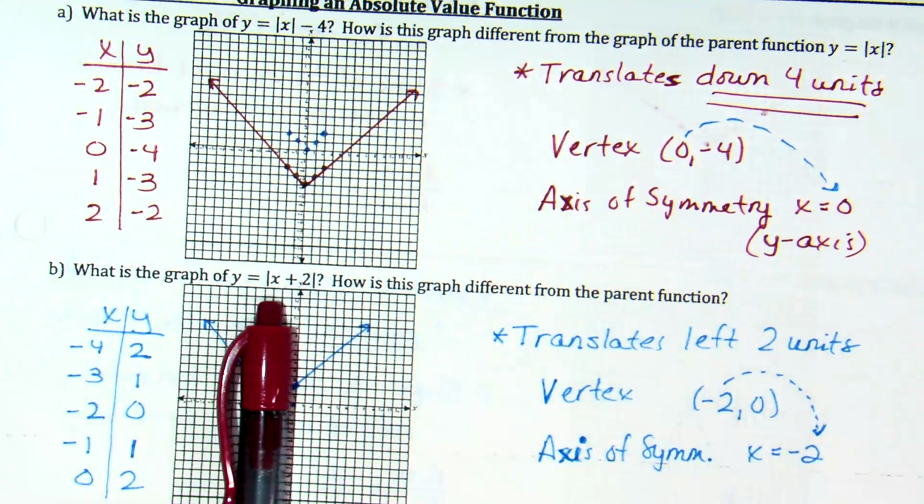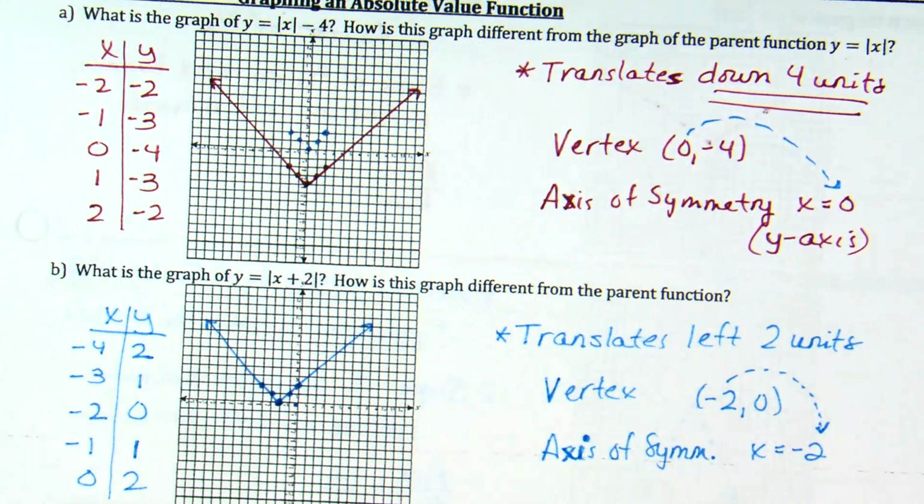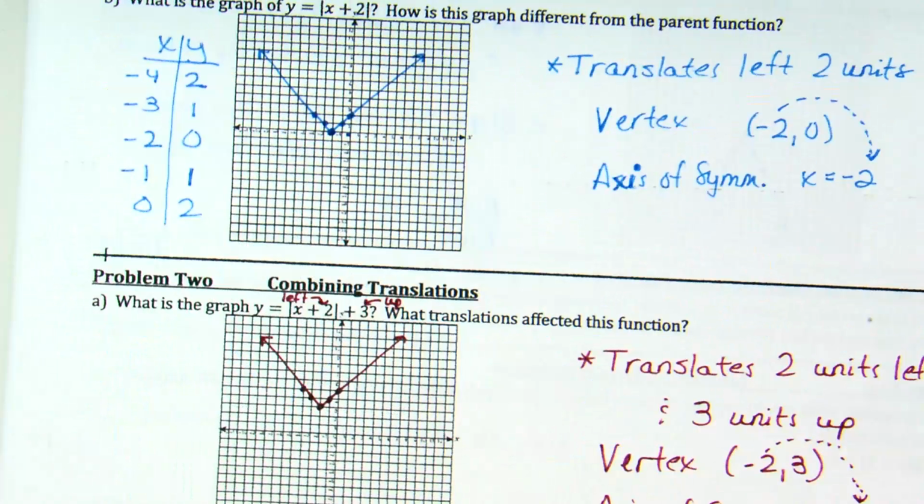It's left or right, the opposite direction of the sign. So since it was a +2, we had to go left 2. So putting it together, when you have a number inside and a number outside, you go 2 directions. The +2 inside told me to go left 2. The +3 outside told me to go up 3.